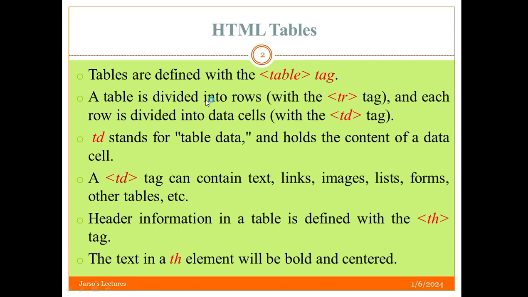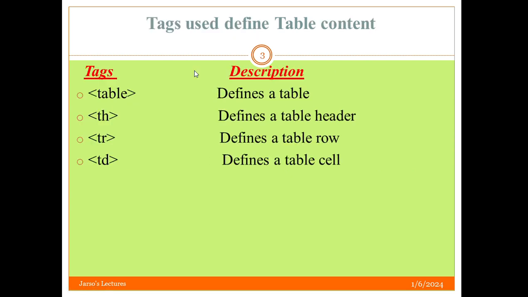Now let us see some very important tags to define those table contents. Mainly, the important tags are the table tag, th, tr, and td. Most of the time, these are the main tags that we use to define the table and the table content.